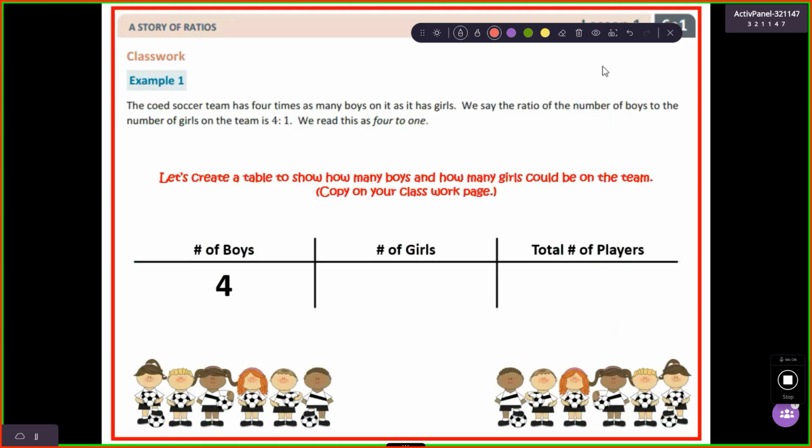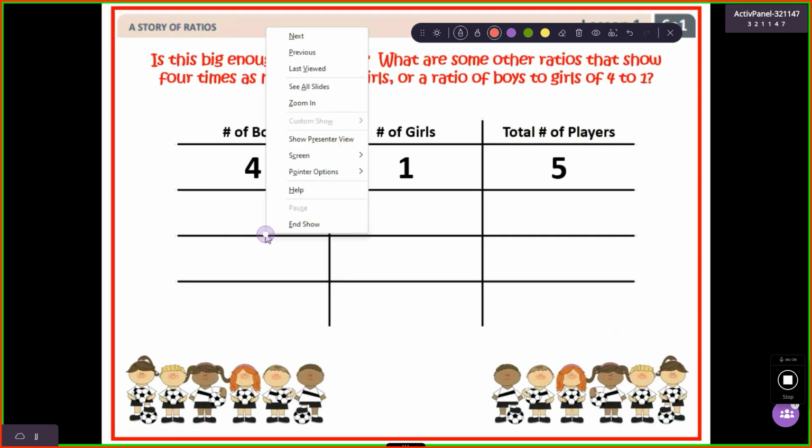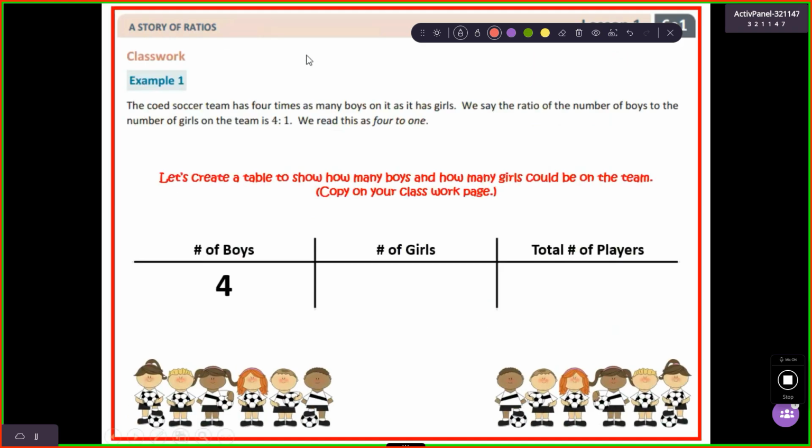So if you want to put B, then you put G, and then we put a T for total. We want to be fast and efficient, and save yourself some time.